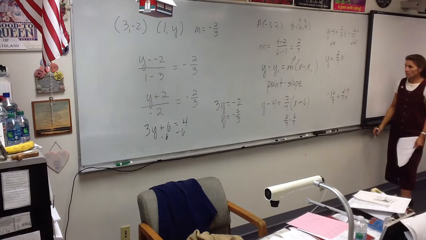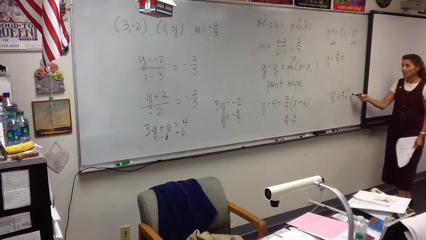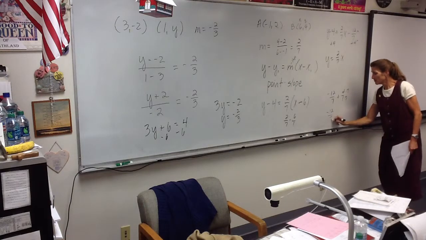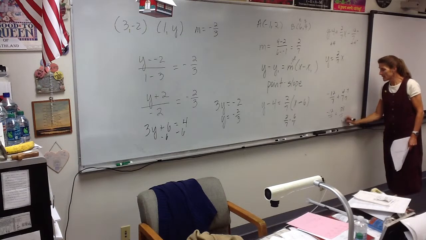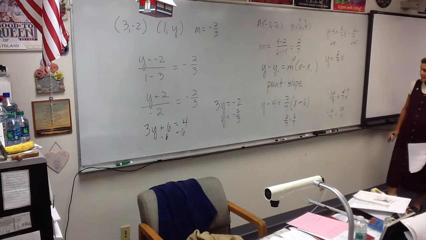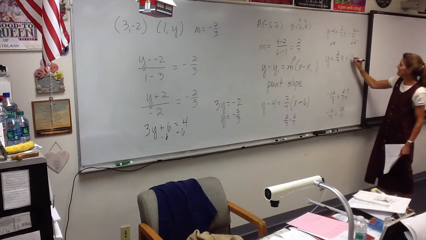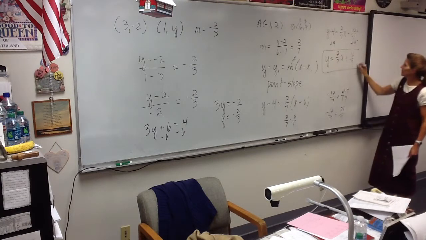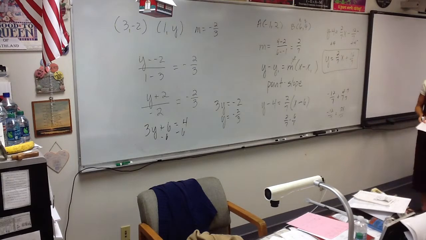So I will multiply the top and the bottom of this fraction by 7. So I have negative 12/7 plus 28/7. When I add those together, a negative 12 and a 28, I get 16/7. And there is the answer to the problem.